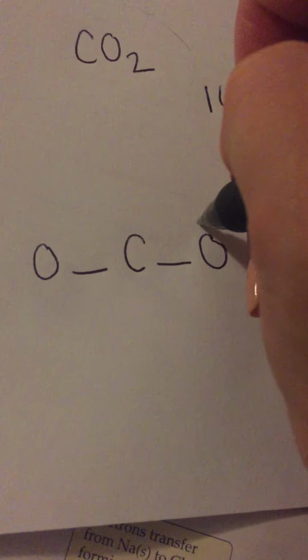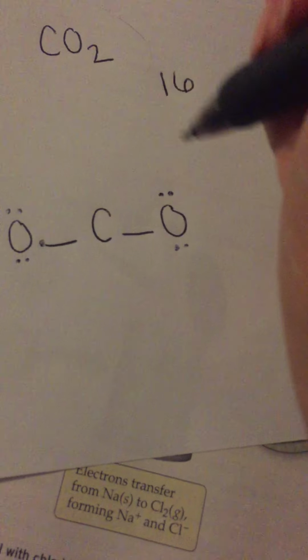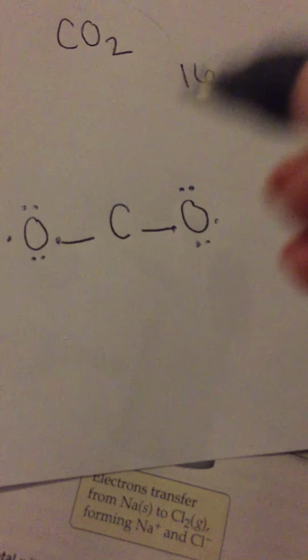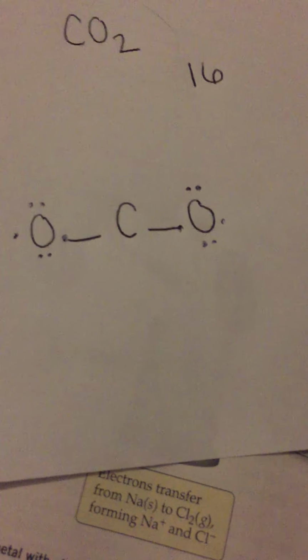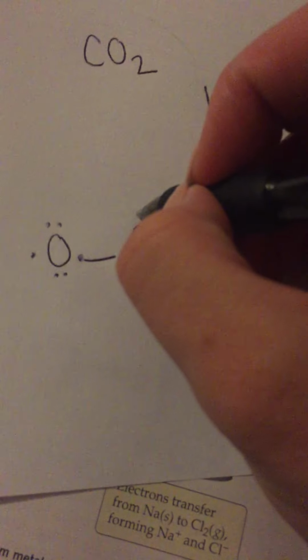So we can go ahead and put in the pairs. That's what I always do, because I know that those will be there. And it still has 2 lone electrons. So can we do just a single bond to get an octet? No, because carbon only has 4.